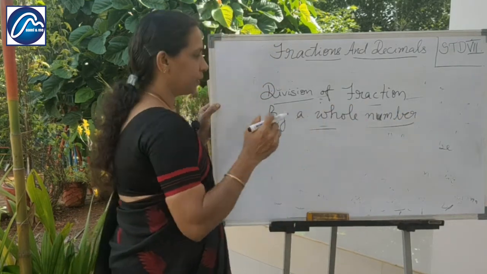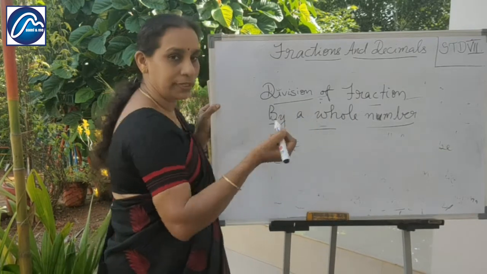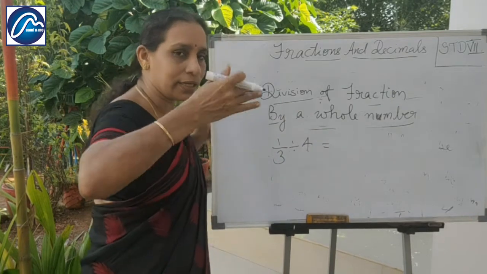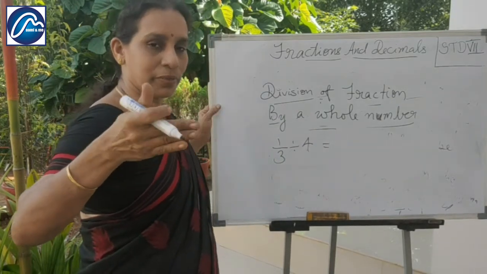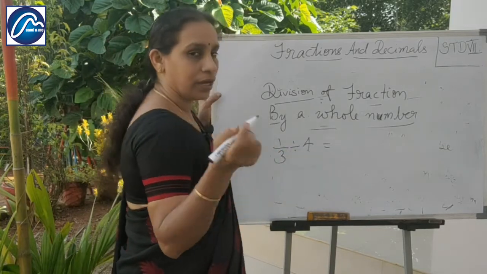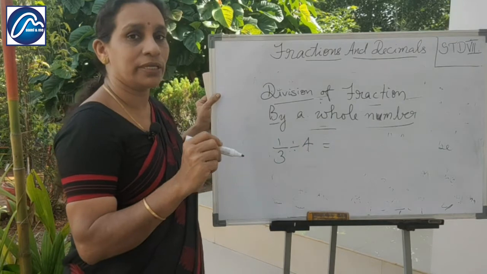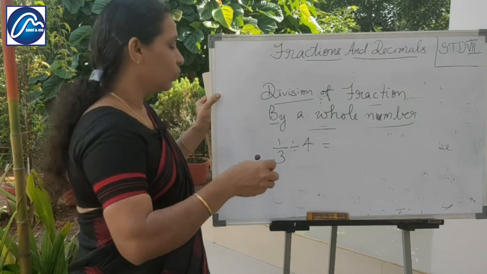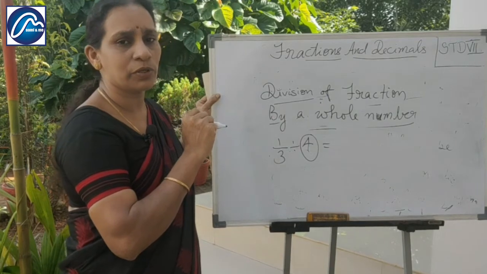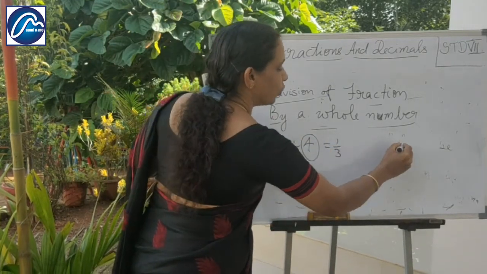Division of a fraction, 1 by 3 for example, and you are taking 1 by 3 divided by 4. അതായത് 1 by 3 എന്നുള്ളതിനെ വീണ്ടും you have to divide it into 4 pieces. As per our earlier knowledge, we have to take the reciprocal. Whose reciprocal? 4ന്റെ reciprocal. Do you know the reciprocal of 4? Actually, 4 means 4 by 1.